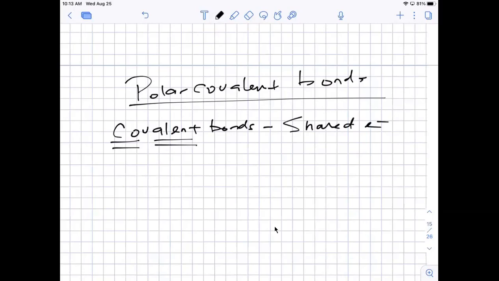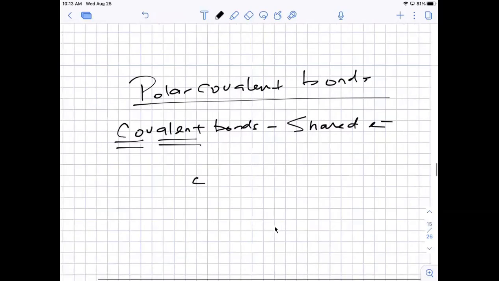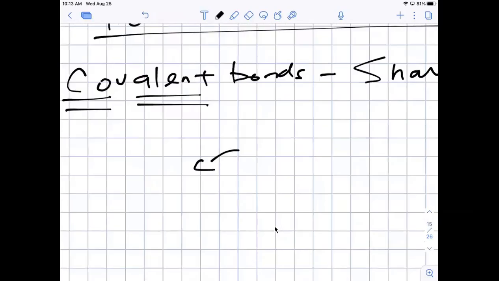Right? And so normally when we think about a covalent bond, let's just think about a carbon sigma bond, where you have an electron here, you have an electron here. Sorry about that. A carbon. You have an electron here, and then these two things come together and overlap.